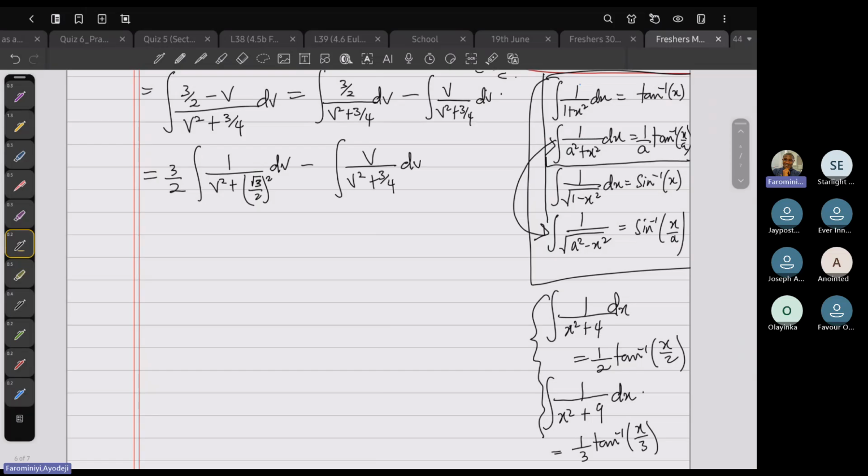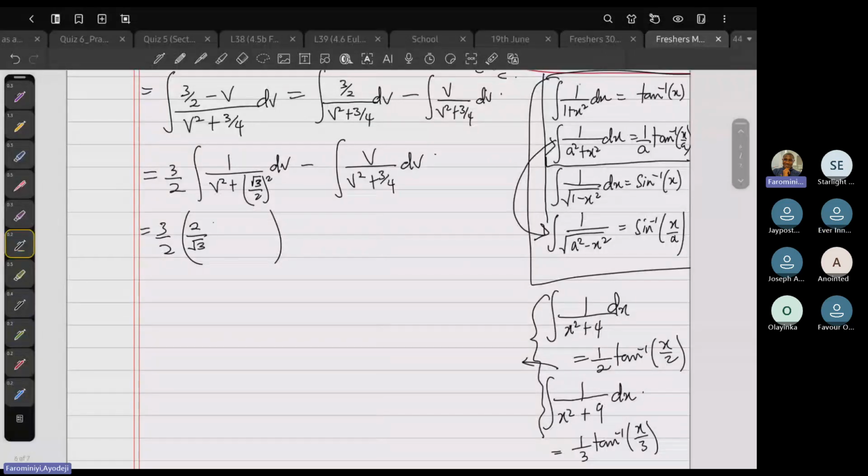So I believe you should be able to tell me what the left-hand side will be, from what we learned on this side. So Eva, what is it going to be? So there'll be 3 over 2 of what? 1 over root 3 over 2, right? Yes, 1 over root 3 over 2, and that is actually 2 over root 3.